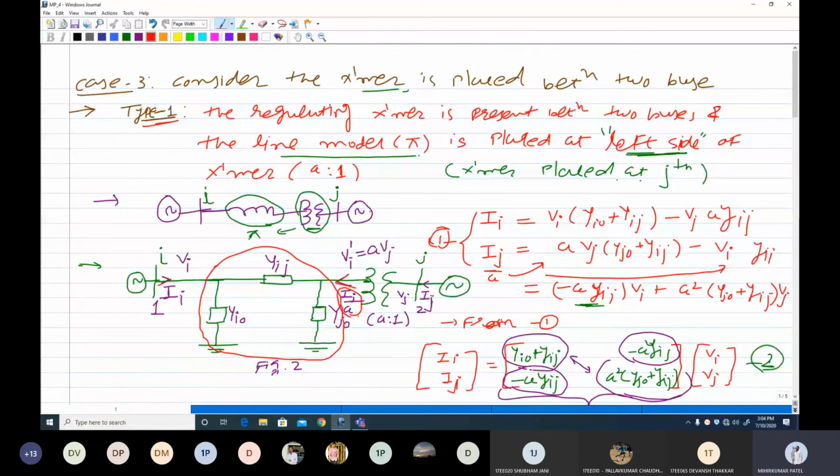See, this is a very simple case where the transformer is placed on the jth bus, or you can say your transmission line model is placed at the left side of the transformer.